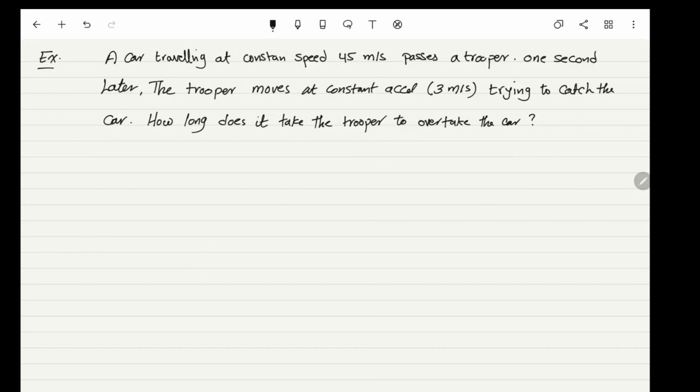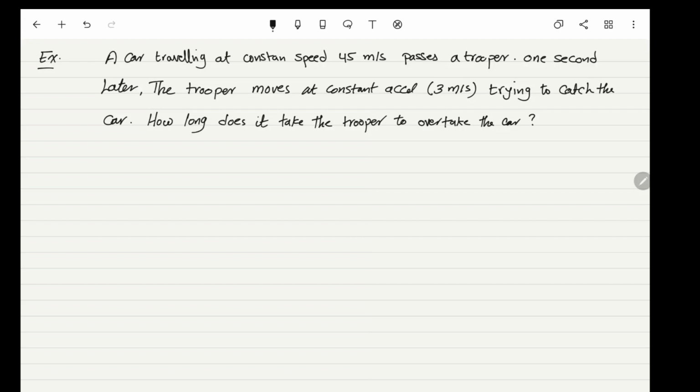Let's have this interesting example. A car traveling at constant speed 45 meters per second passes a trooper initially at rest. 1 second later, the trooper moves at constant acceleration 3 meters per second squared, trying to catch up with the car. How long does it take the trooper to overtake the car?